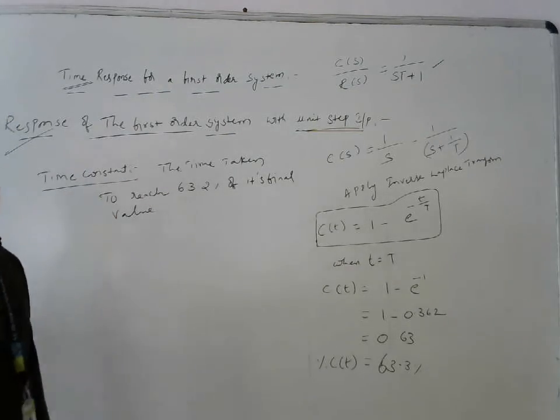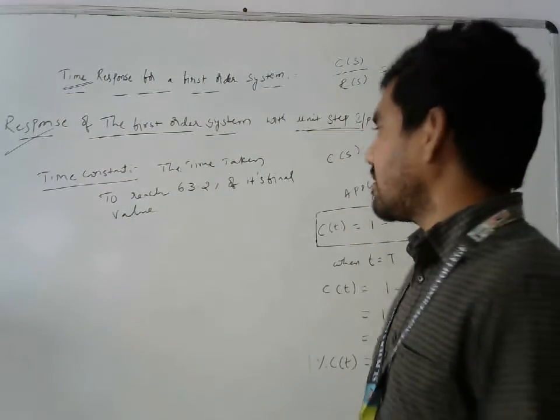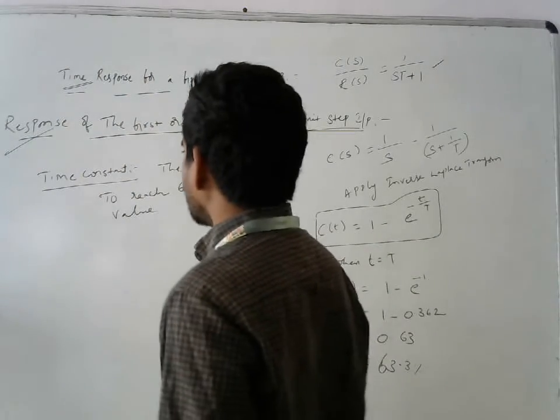The time taken to reach 63.2% of its final value, we call it a time constant.